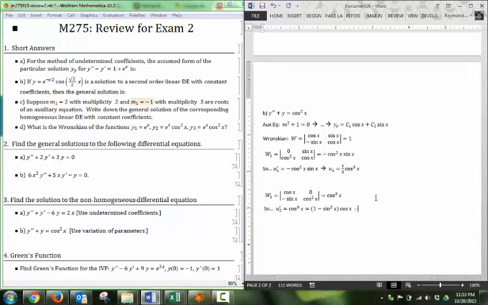It looks like our antiderivative is going to be, so the first one is going to be u, and the u is equal to sine x. And then the second one is u squared, and then I take the antiderivative of that, that's going to be u cubed over 3.